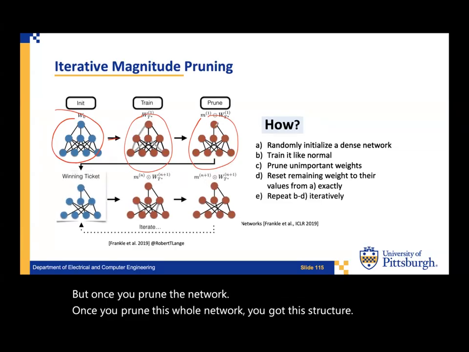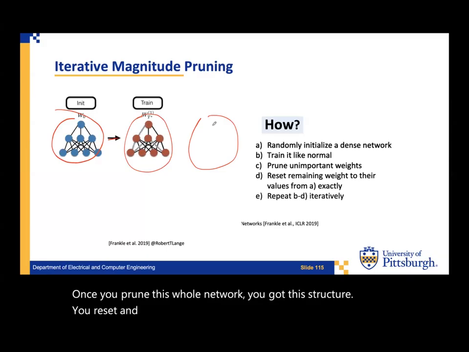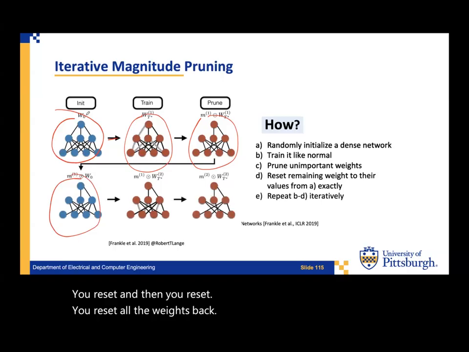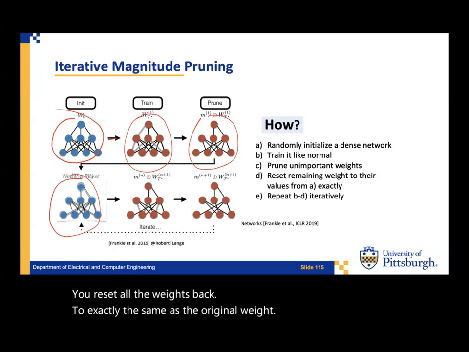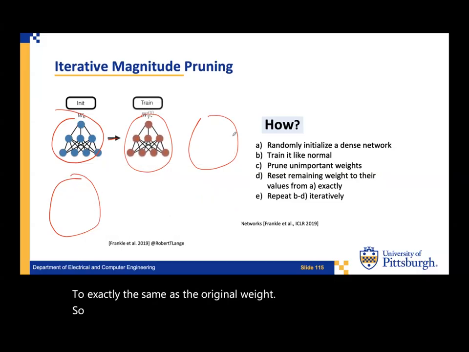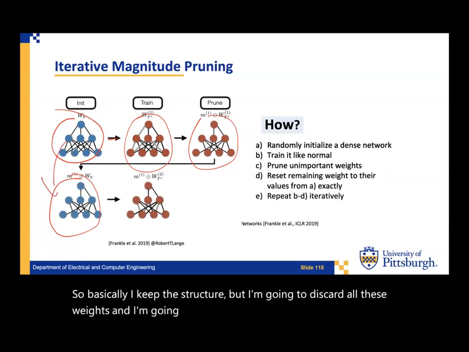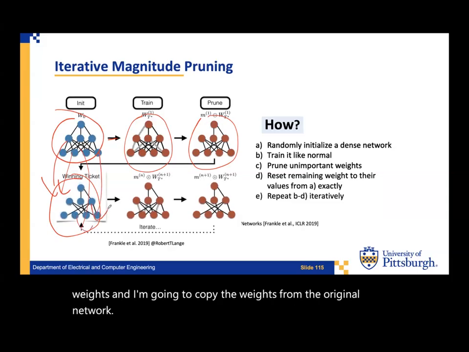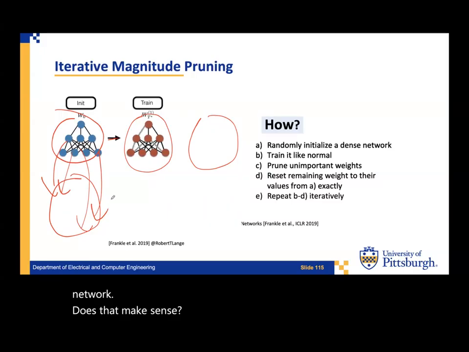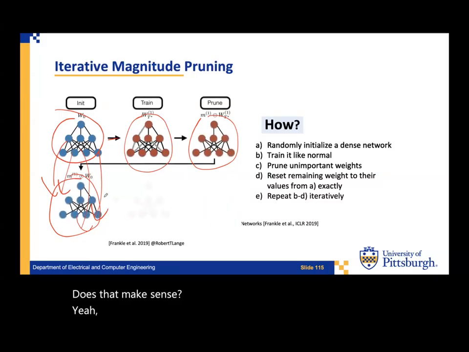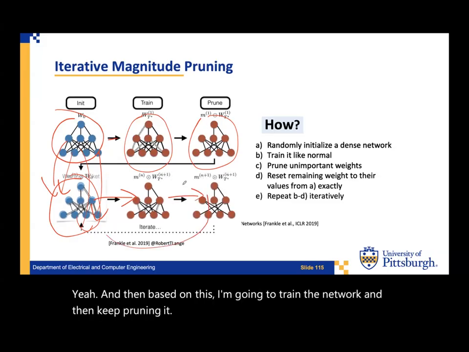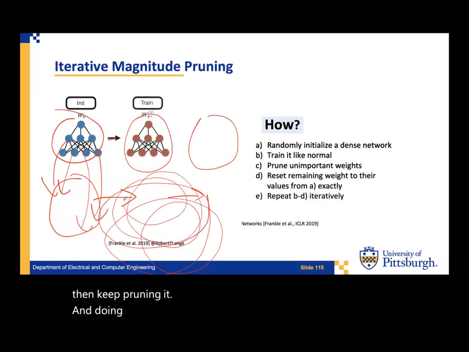Then you reset all the weights back to exactly the same as the original weights. So basically, I keep the structure, but I discard all these weights and copy the weights from the original network. Does that make sense? Then, based on this, I'm going to train the network and keep pruning it, doing this iteratively until it stabilizes.